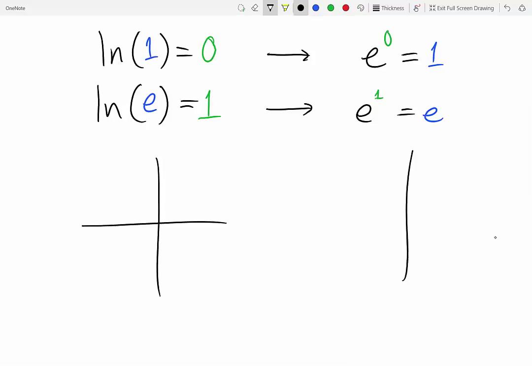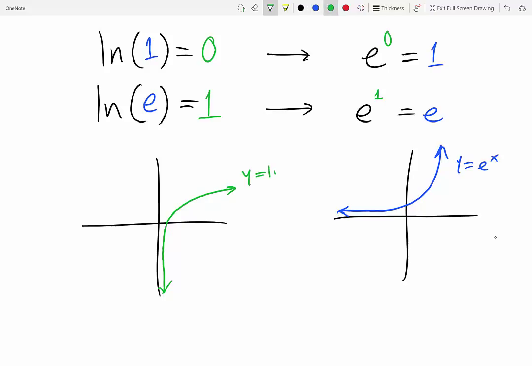Now, when you look at these two facts or these 2 points that we've just figured out, it actually gives us some very important knowledge about these 2 functions. Here's what the natural log of x function looks like, and here's what the function e to the x looks like. Here's y equals e to the x, and here's y equals natural log of x. We all know that this point here on e to the x is 0, 1.